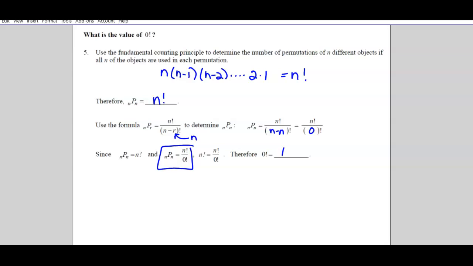Normally we cannot divide by 0, but we're not dividing by 0, we're dividing by 0 factorial. There are more explanations, and I can't give them to you, so you can research that on your own. This is the explanation at this level. So based on this, 0 factorial is 1.